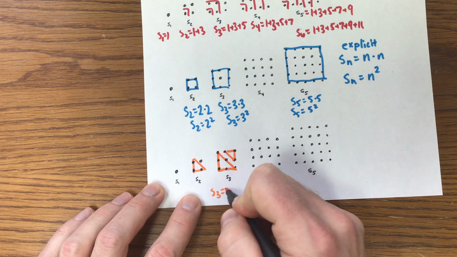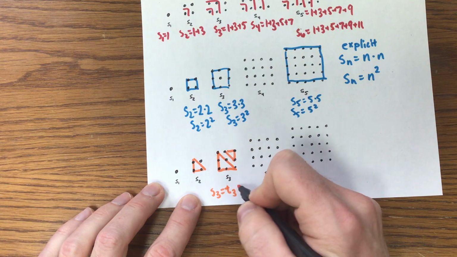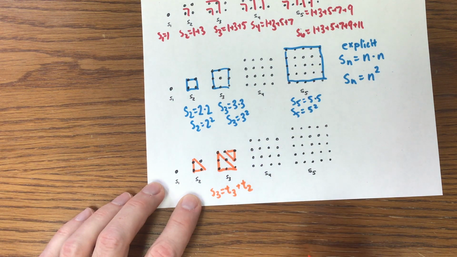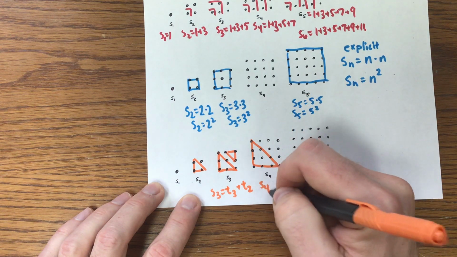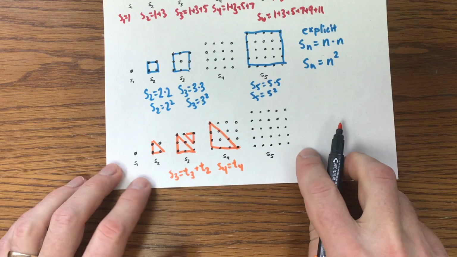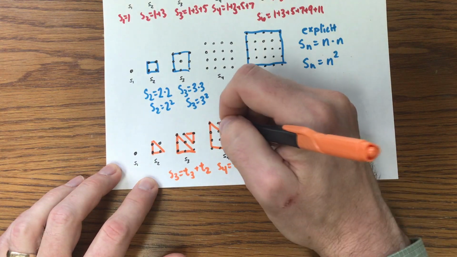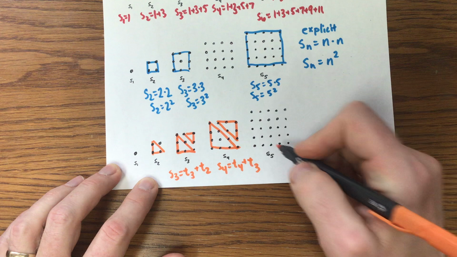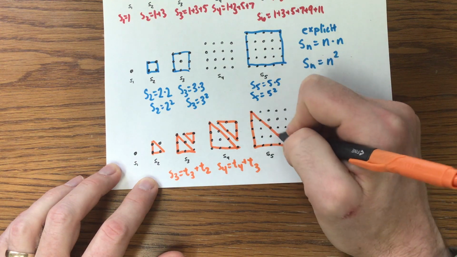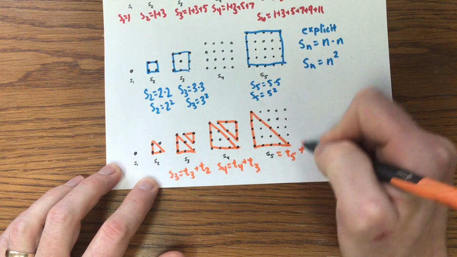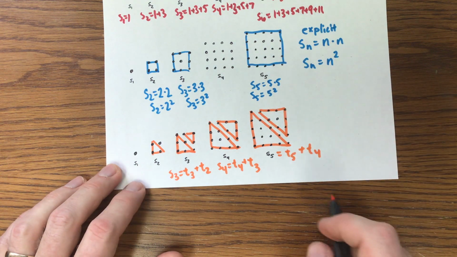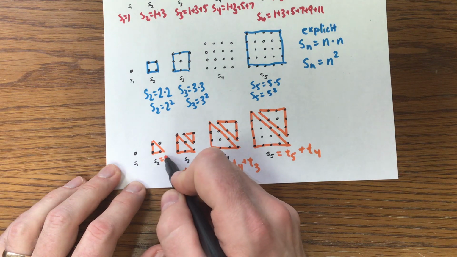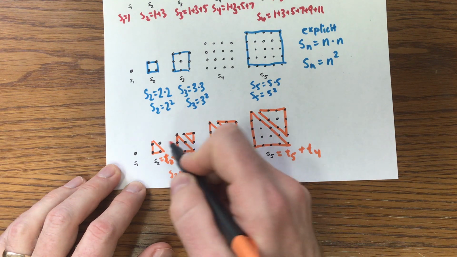S3 is T3, the 3rd triangular number, plus T2, the 2nd triangular number. S4 is T4, the 4th triangular number, plus the 3rd triangular number. And S5 is the 5th triangular number plus the 4th triangular number. And back here, S2 is T2 plus T1. That's the first triangular number right there.